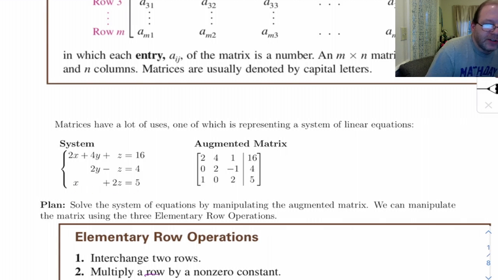So the augmented matrix really represents everything that the system represents, but it does it in a more compact manner. We don't have pluses that don't need to be there. We do have zeros in places of blanks, but anyway, it encodes all the stuff about the system. The only thing it doesn't encode is the variable names.